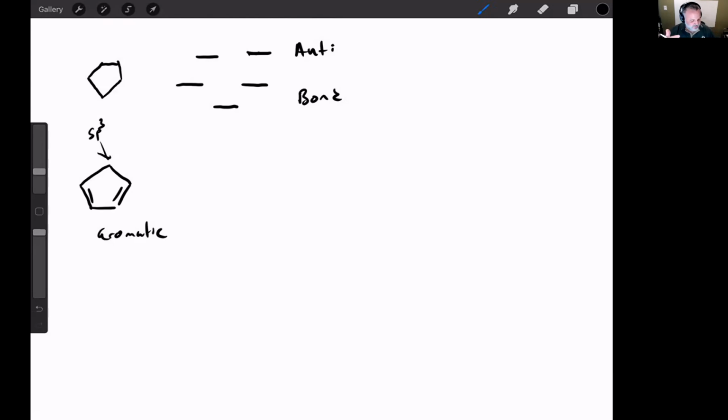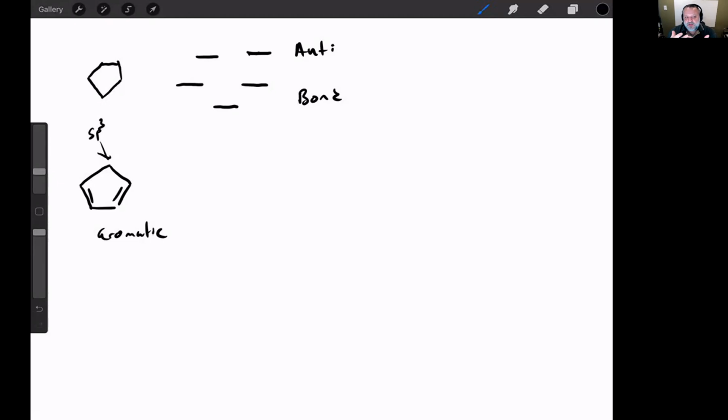When we do 10 annulene, and I guess the next one would be 14 annulene, there's not enough room for those hydrogens not to interact, and they have that steric hindrance, and so they distort and become unplanar. So 18 annulene is the first one.